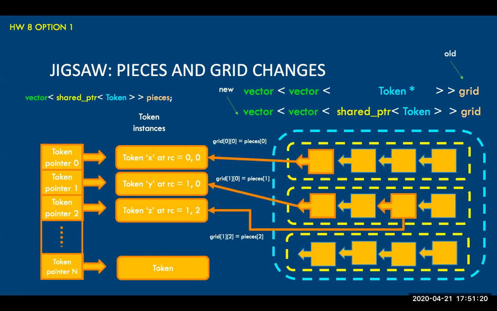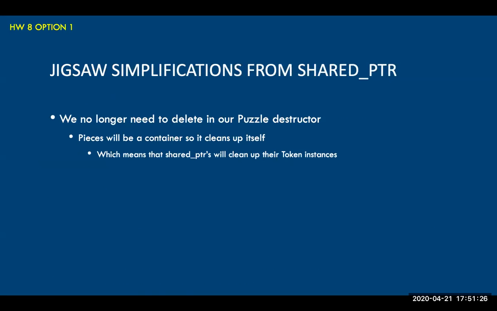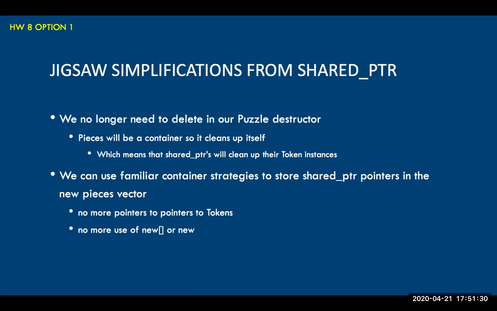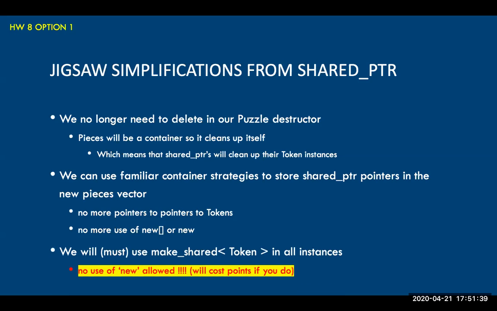So that's option 1 on homework 8. Just summarizing there, we don't need to do the delete as we talked about, and the rest should pretty much flow from what I described.